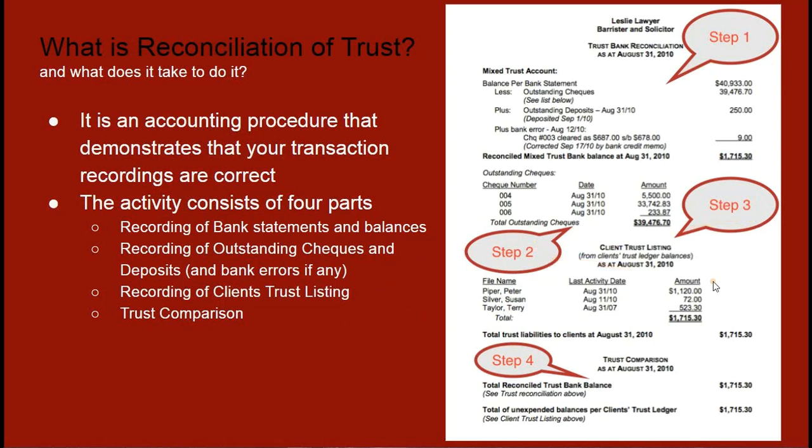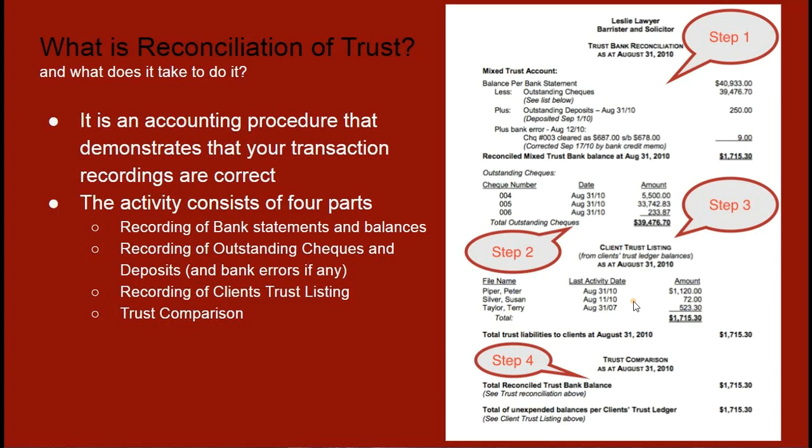The third aspect of this trust reconciliation document, and one of the questions I was asked, is the trust listing. So as of this date, let's say we're reconciling at the end of the month, as of December 31st, the Law Society expects you to list out each and every client of yours with their trust balances.